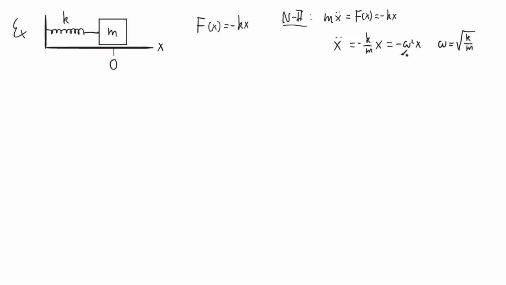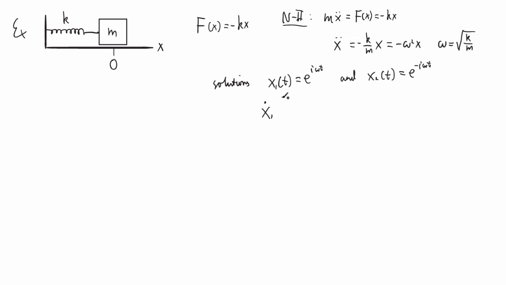And then we can see that this has the solutions x1 of t equals e to the i omega t. That's the first solution. And x2 of t equals e to the minus i omega t. So those are the two linearly independent solutions to this linear differential equation, something you should already be aware of. It's quite easy to see. We can show it here just by taking the derivative of this twice.